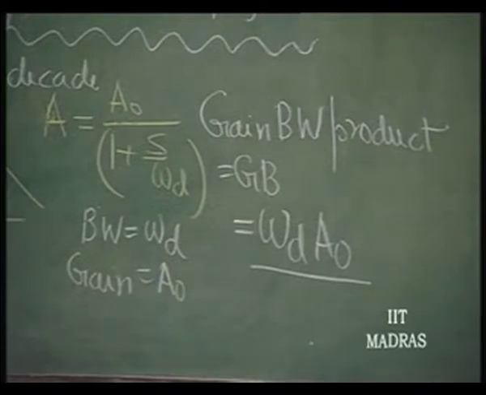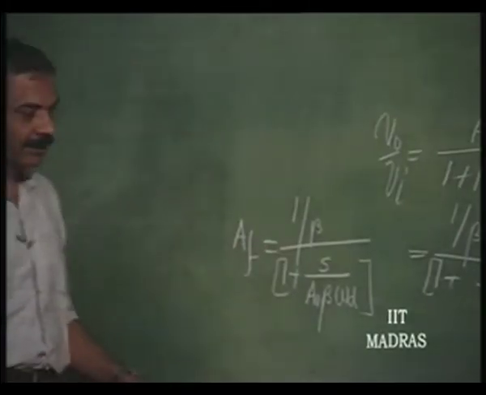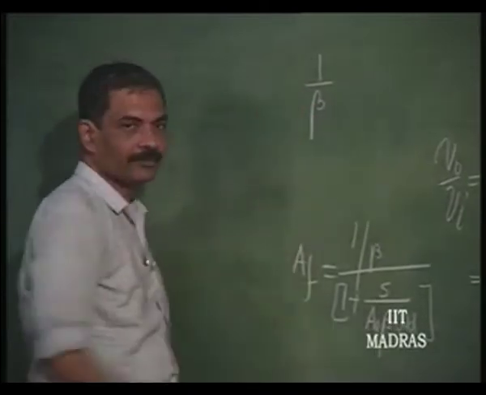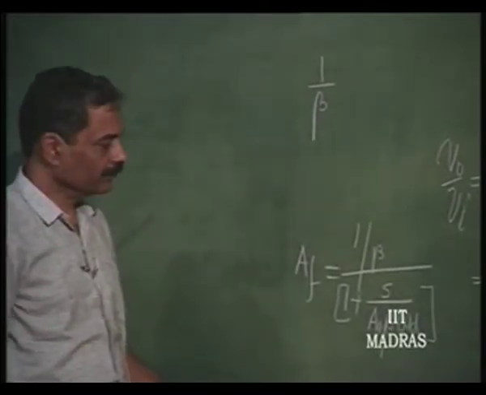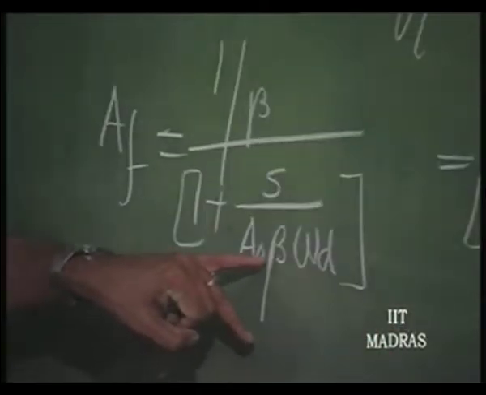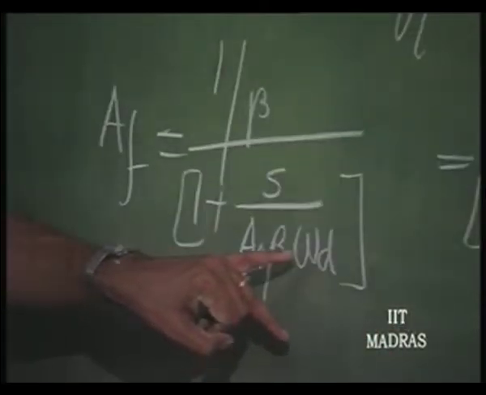Come to this amplifier with feedback, this is the feedback gain. What is the gain? 1 over beta, gain is 1 over beta, right, and its bandwidth is A naught beta into omega d.